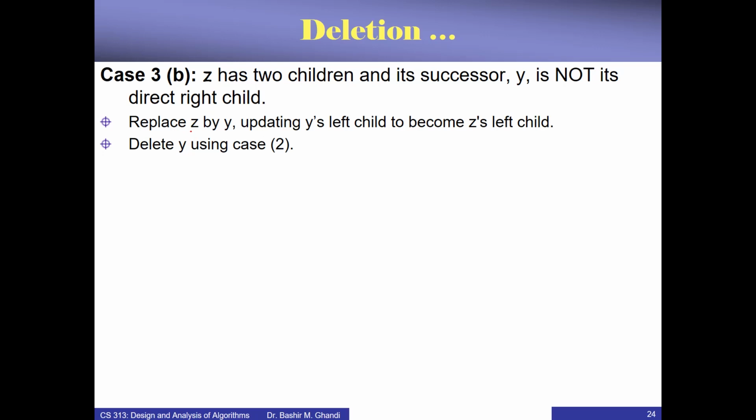First, you have to replace Z by Y, updating Y's left child to become Z's left child. Then you delete Y. So the deletion becomes, instead of deleting Z, it now becomes deleting the successor Y.